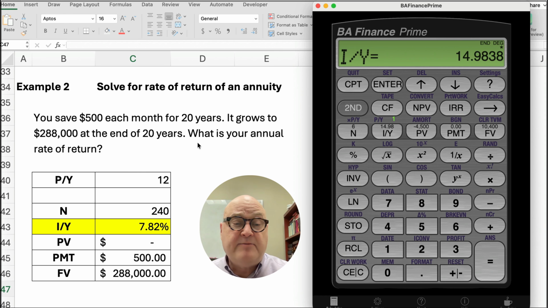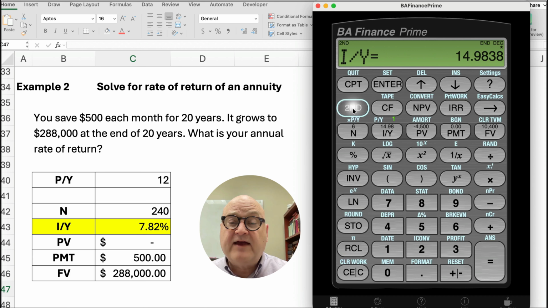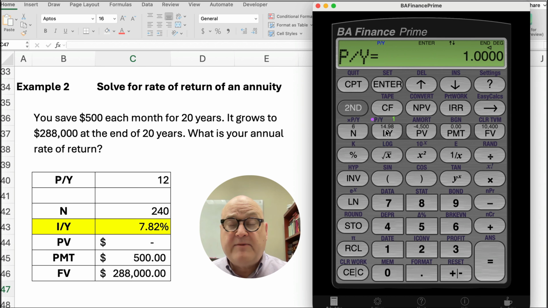So let's see what we can do on the calculator. I need to set the periods per year to be 12. So second function, periods per year. I'm in that menu now. 12, and then hit enter. And then I'm going to escape out of that, clear twice. I'm going to enter 240 as the number of periods. 0 is my present value. 500, now I'm going to make 500 a negative payment because I'm paying out of my pocket 500 for the right to receive 288,000.